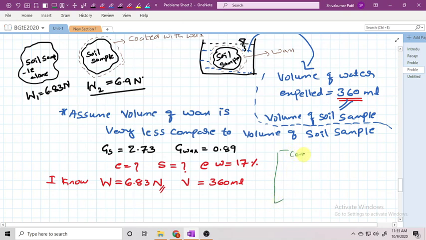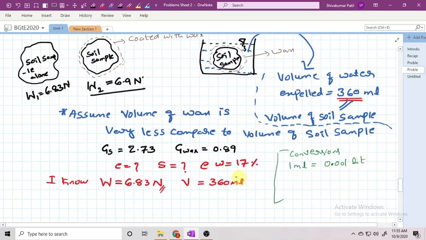So 1 ml is how much? 1 ml is equal to 0.001 liter.